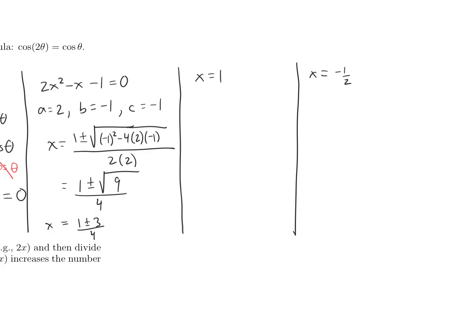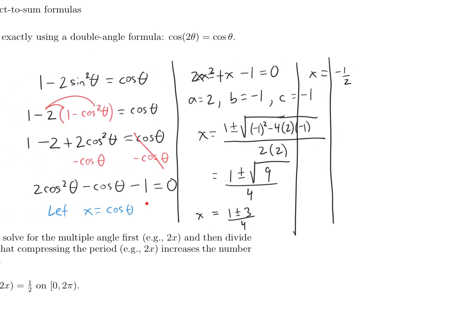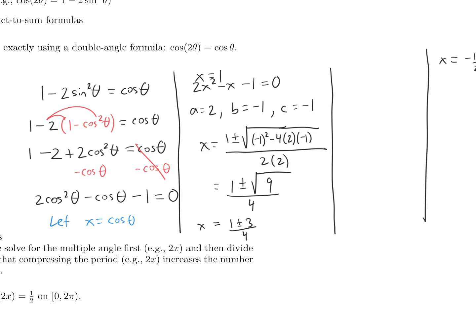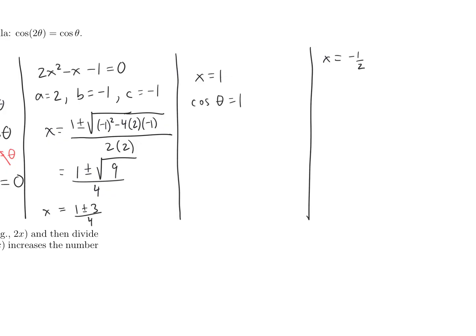Once again, we have to go back and replace the x with our original substitution, which is cosine. That's how we get the equations. Here we go. Cosine theta equals 1, and cosine theta equals negative 1/2.